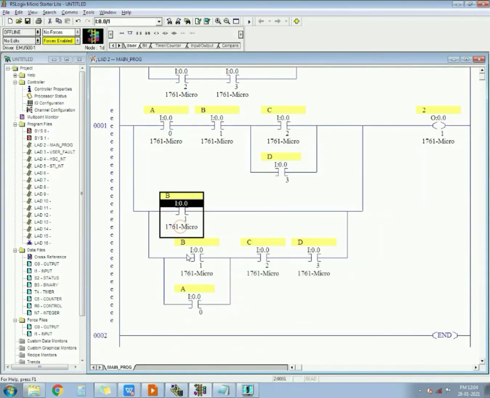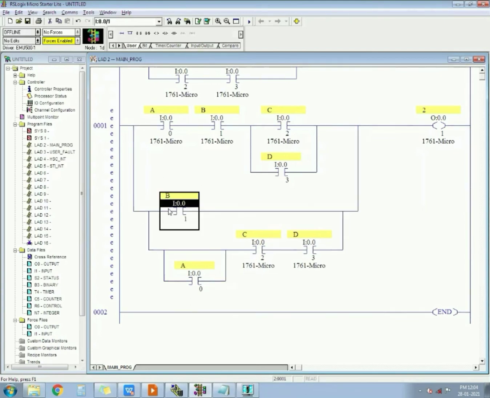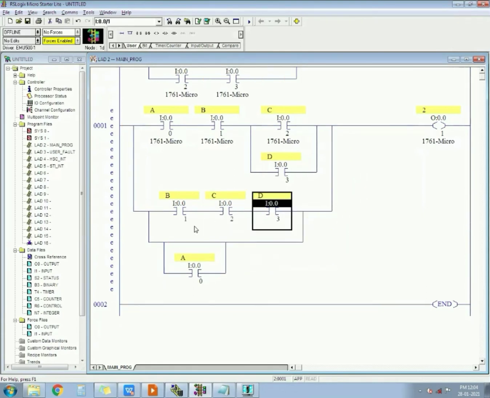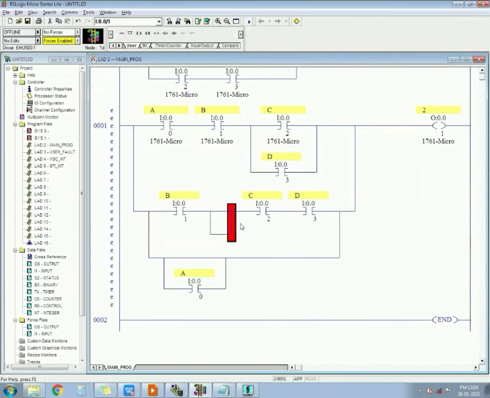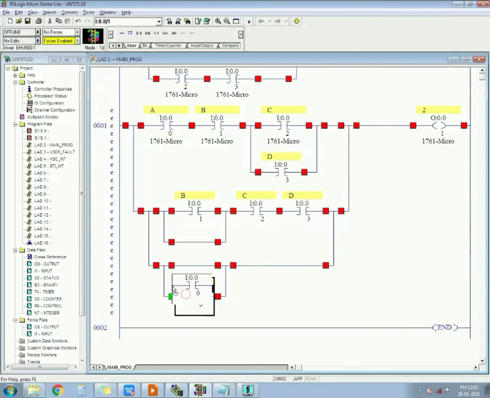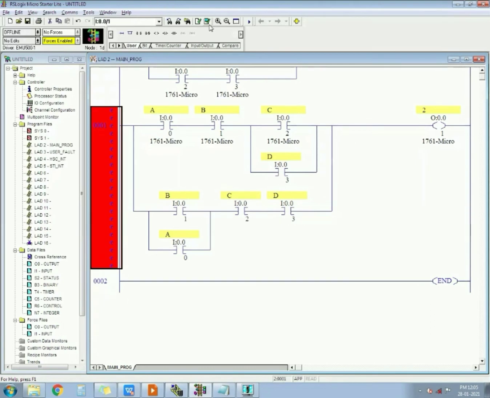I have to use it in the above line, so I will just make it again like this. This is also the same thing, we can make it like this also.